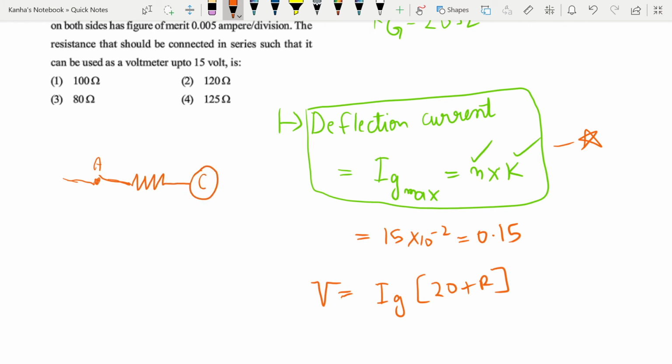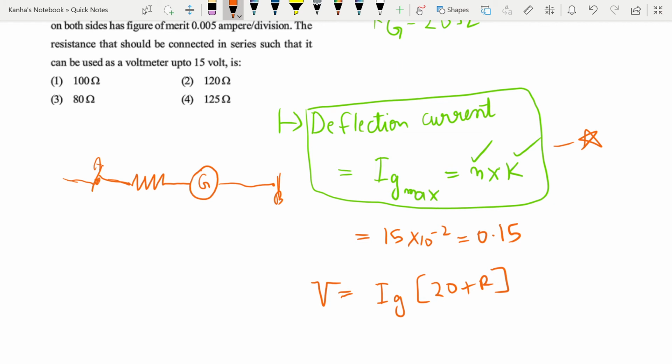Then you have the galvanometer G. And then you have a point B. Note that the voltmeter will generally be attached parallel to these 2 points to find the voltage. Nevertheless, V is equal to Ig into 20 plus R, the potential drop across A and B.